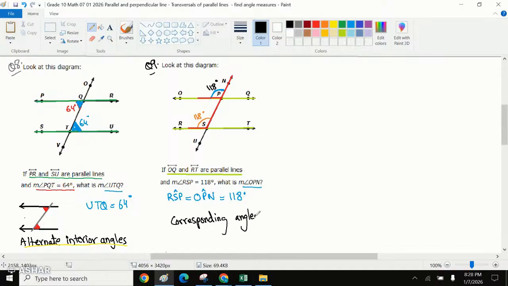Because we have a formation of the alphabet F over here. Z is alternate interior, F is corresponding.